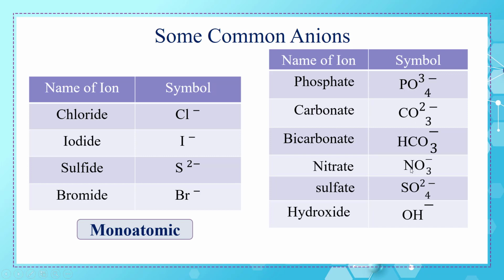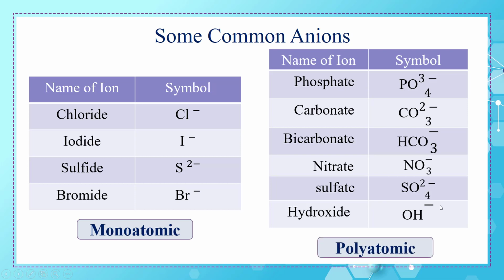All of these ions are negatively charged, so they are all anions. And all of them, they made up of more than one atom, 2 or more. Here I have PO4, so 4O and 1P, 5 atoms. And here I have OH, which is 2 atoms and have negative charge, so they are polyatomic anions.